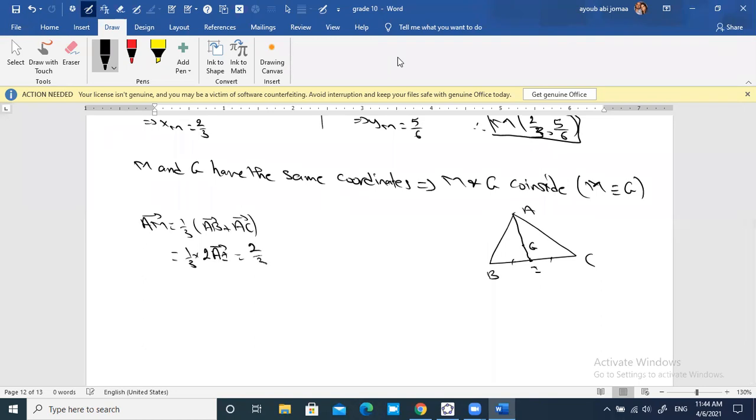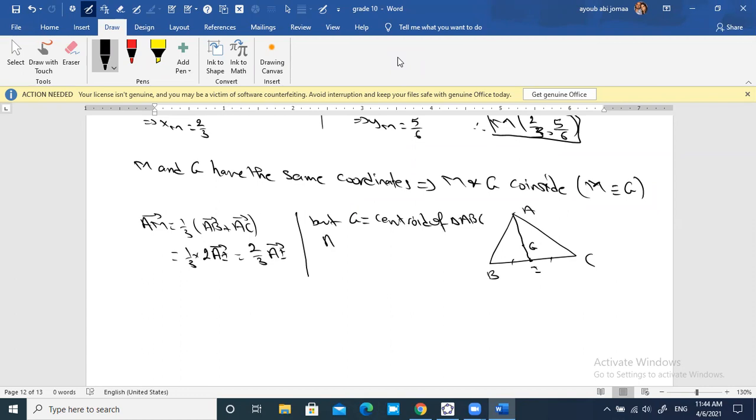So AM is 2 over 3 AI. But we have AG is 2 over 3 AI, because G is the centroid of triangle ABC.